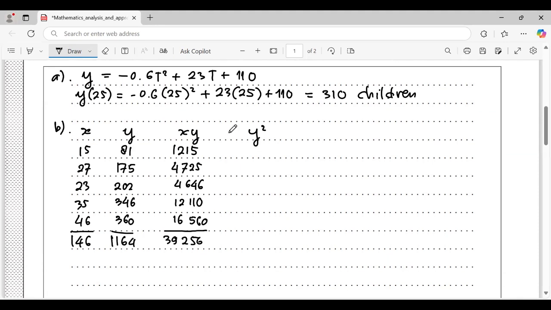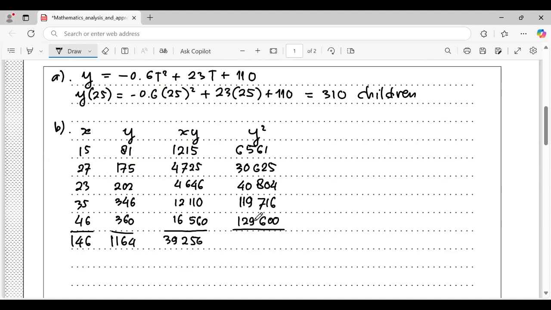That's y squared. 81 squared is 6561. And next, 30,625. Then 140,800 and 4, then 119,716, and this one 129,600.